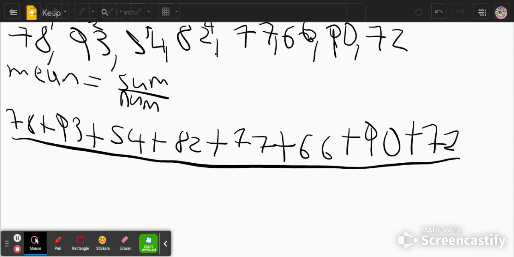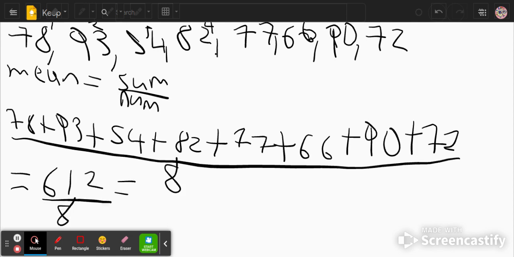So she did 8 exams. If we add these numbers together, we'd get 612 divided by 8, which means that the mean would be 76.5. So therefore, her average is 76.5. So now let's proceed.